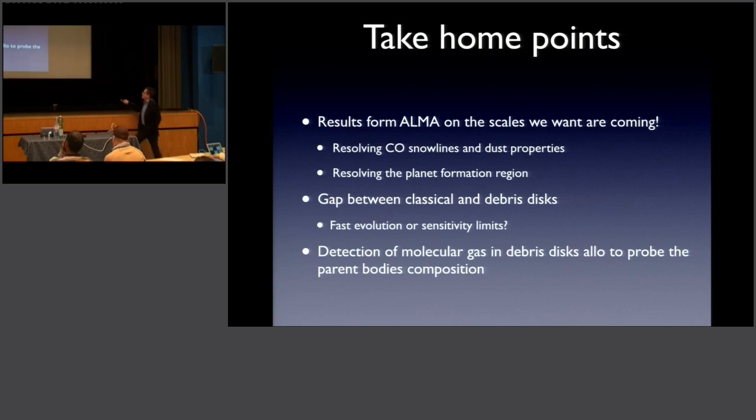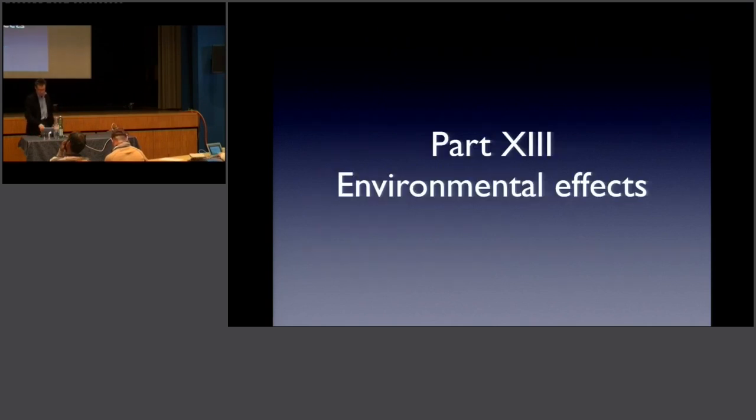The other aspect is that the boring disks will be resolved soon with ALMA, and I'm sure that in the coming year or two we will perhaps be looking at bananas in boring disks. I don't know. These asymmetries maybe will be there also in boring disks. And the detection of molecular gas is a particularly interesting thing in debris disks, at least to me, because it allows you to probe these ices in the outer disks.